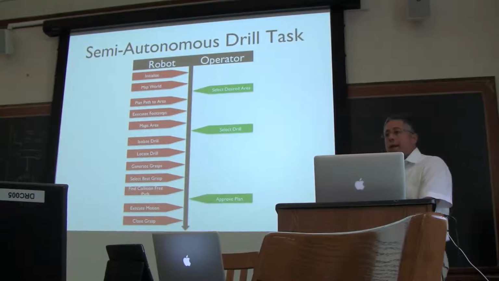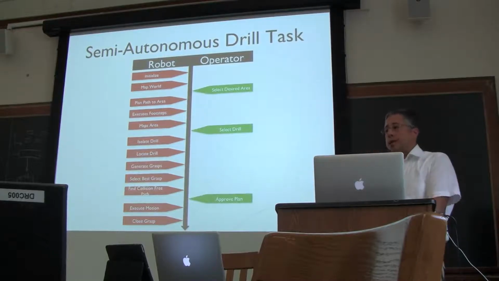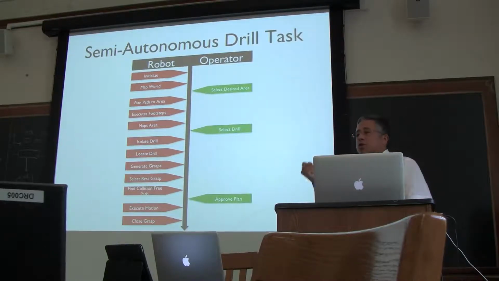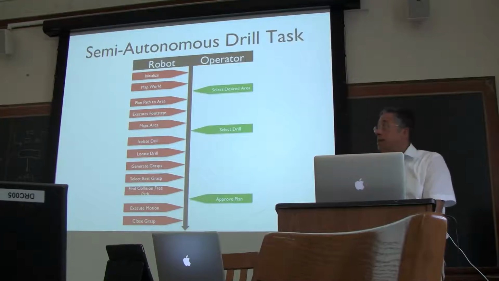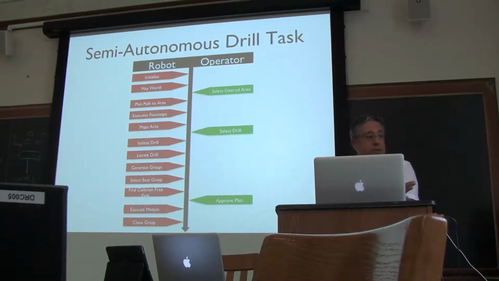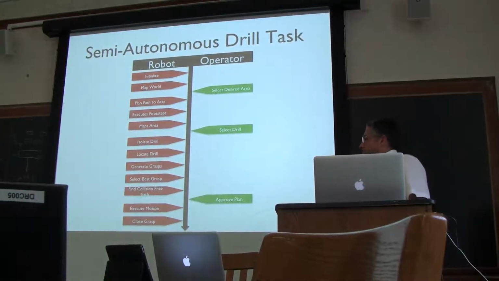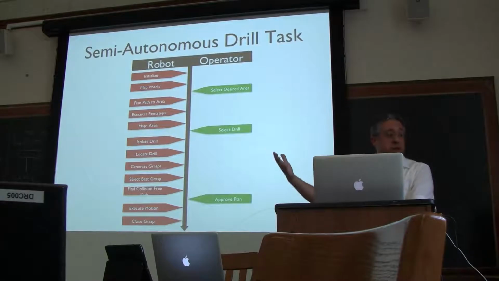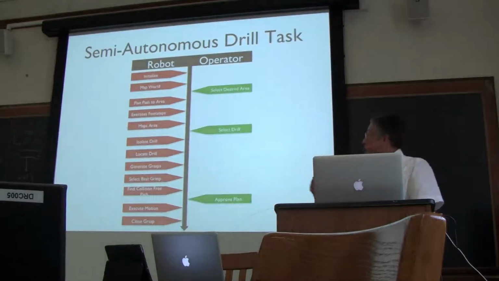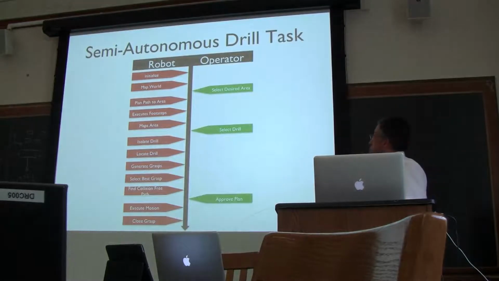So the way that we envision the finals, and I'm just presenting a specific case for the drill task, is that the robot initializes or already is in the scene and maps the world, and then passes one set of data back to the operator. Then the operator looks at the scene and sees a drill, and that's what we want to use, so that we can pick a desired area for the robot to travel to.